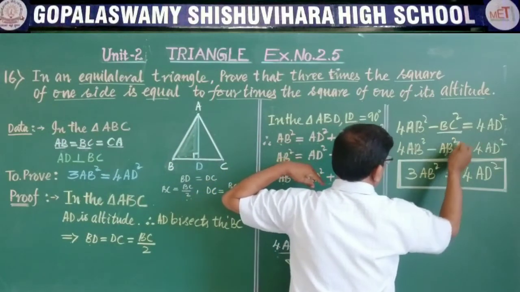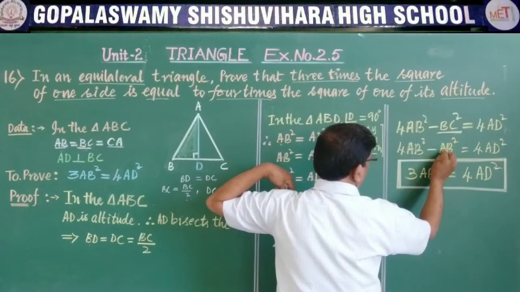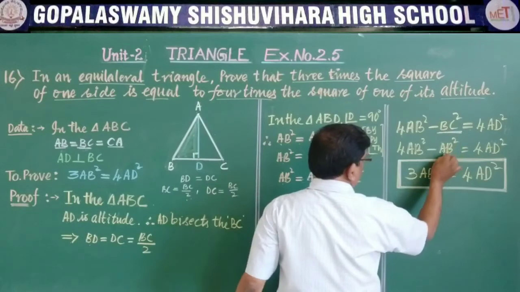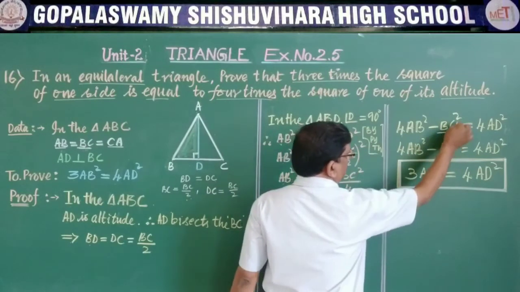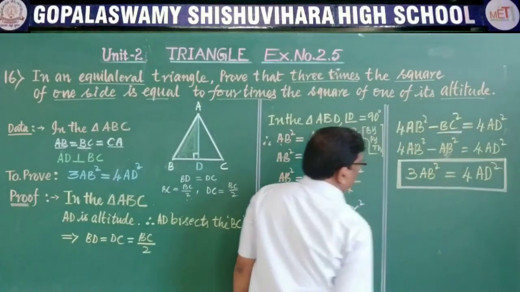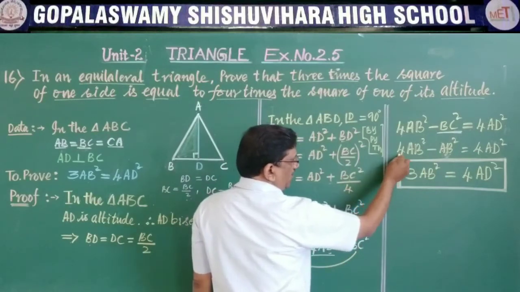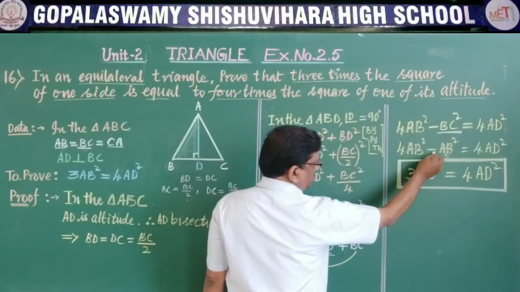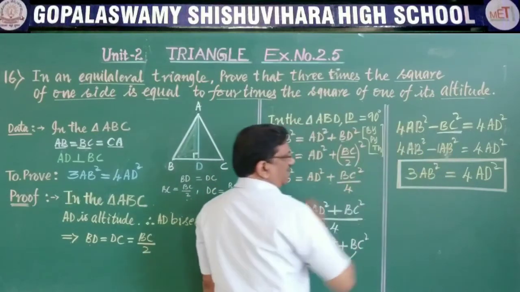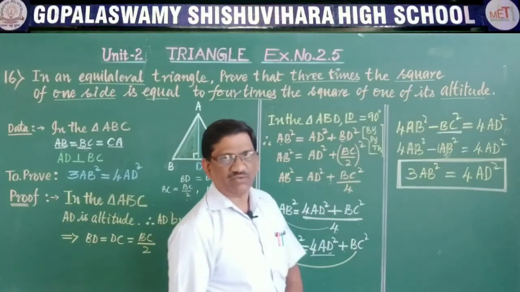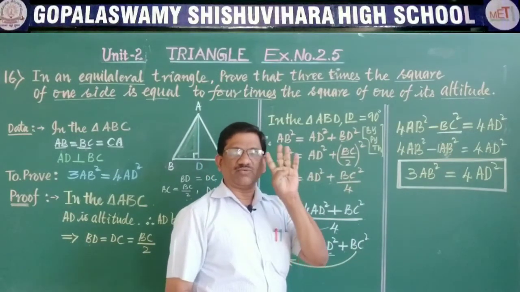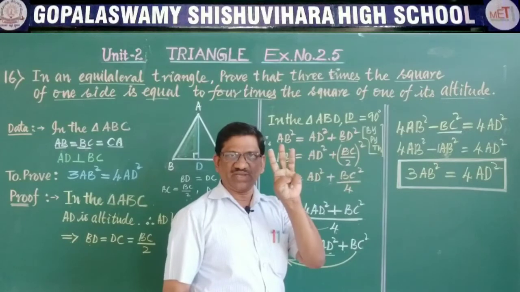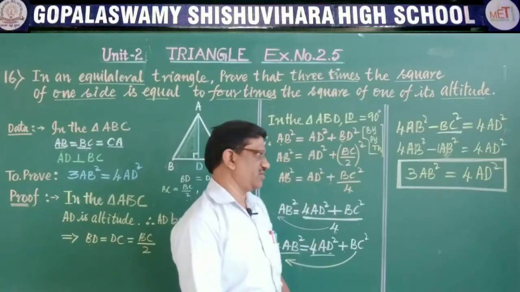So therefore if I substitute AB in place of BC, this term BC square becomes AB square. Here it is 4 AB square minus, here it is nothing but 1 AB square. If you take away 1 AB square out of 4 AB square, how much remains? 3 AB square it remains.